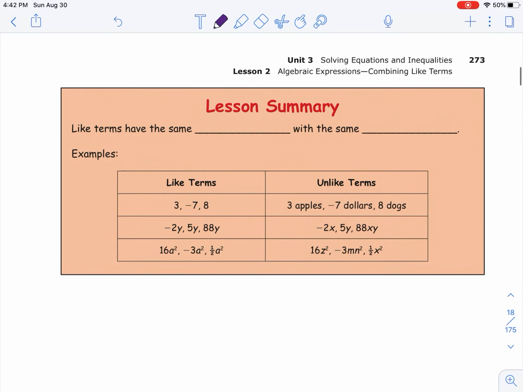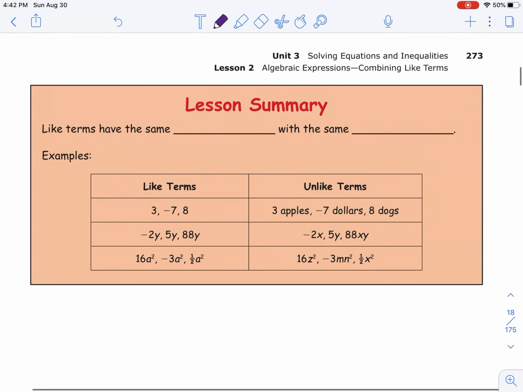And that takes us to our lesson summary on page 273. Okay. So like terms are things that are just numbers. 3, -7, 8, I can combine those together. These ones right here that all have y's, they are all like terms. So are these things that are a squareds.